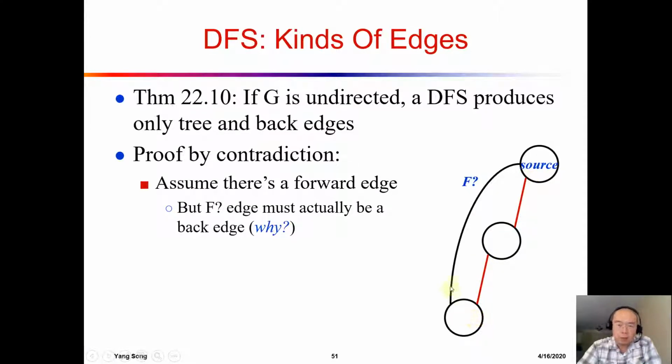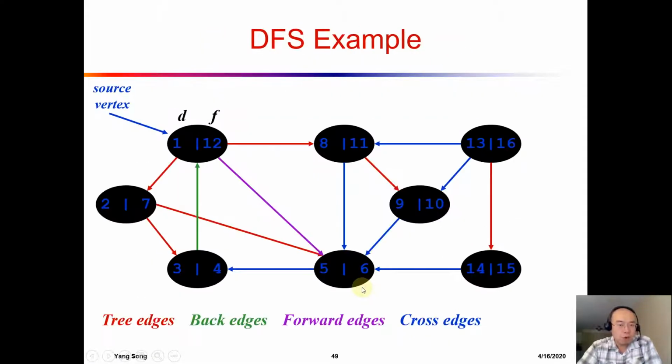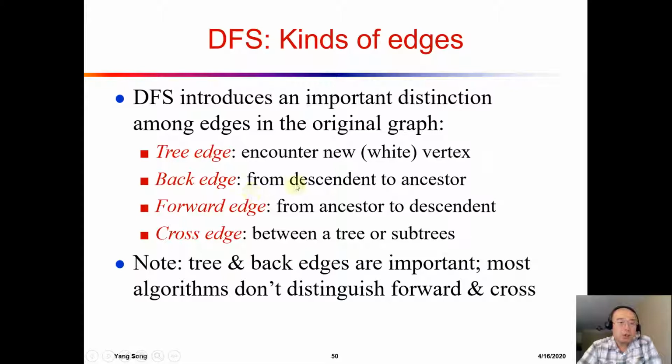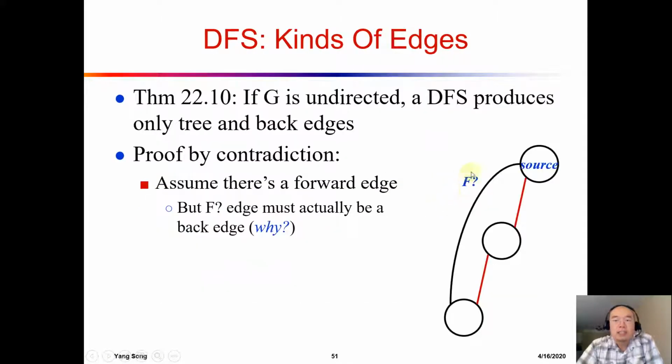And then how about this one? Can we say this is a forward edge? For a forward edge, that is from the grandparent directly to the grandson, right? So it seems that this is a forward edge. But if that is a forward edge, this is also a back edge, which is from the descendant to the ancestor. So for this one, is this a forward edge?